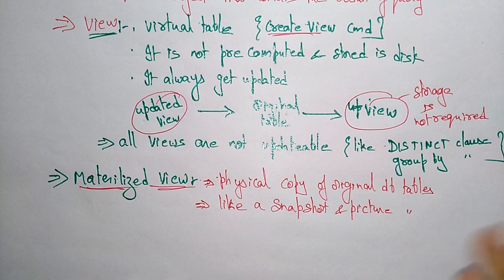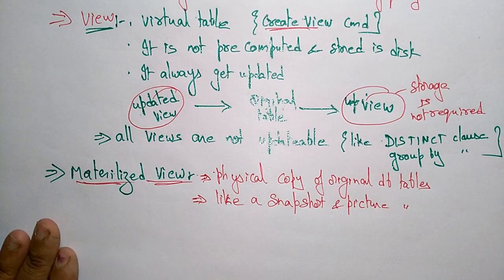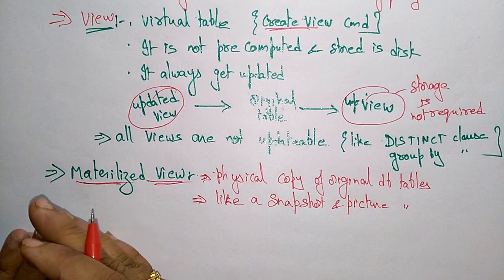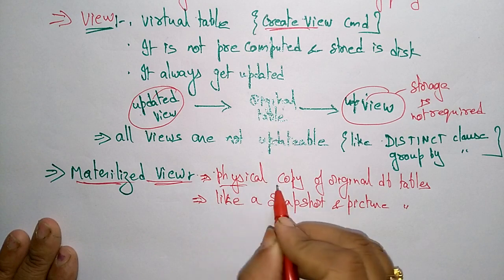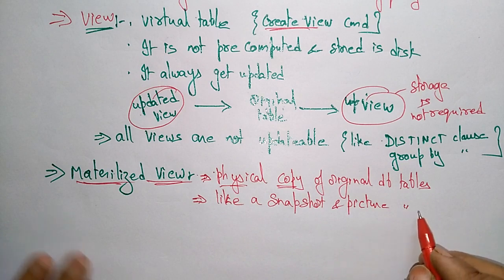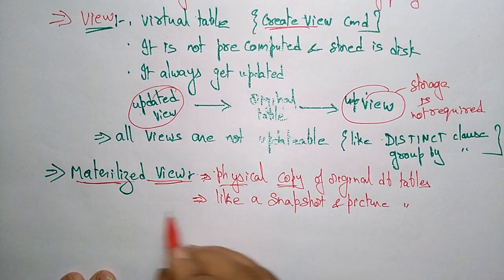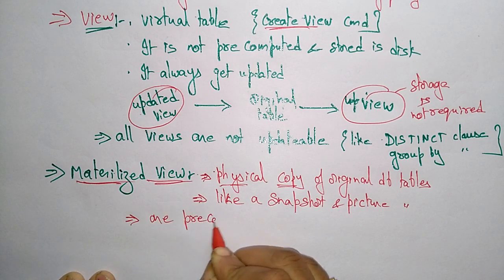of the original database tables. So a materialized view is a database object which contains the result of a query, that is a physical copy of the original query. It is just like a snapshot and picture of the original database tables. Here the materialized views are pre-computed.